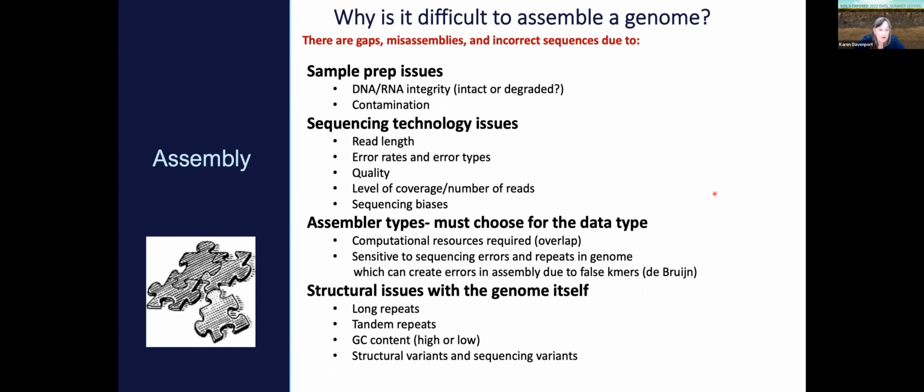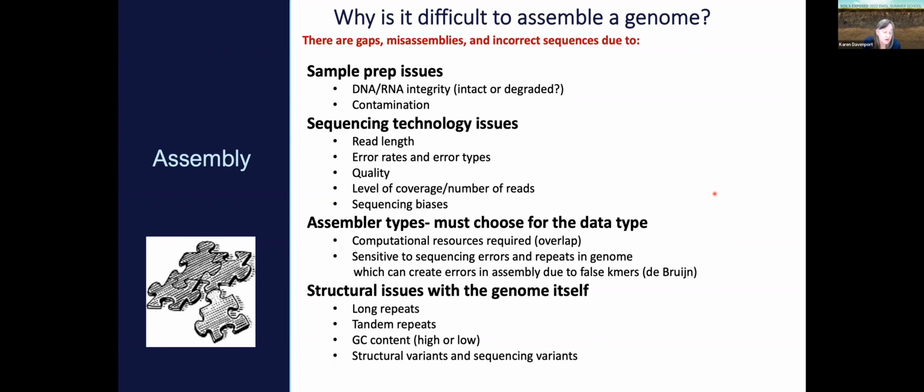There are different error rates and error types. How many errors per how many base pairs? And are those errors insertions or deletions, or are they homopolymer repeats? Again, the quality level for the different sequencing technologies, and the level of coverage that you can get, or the number of reads per sequence material, is important when you're choosing an assembler.